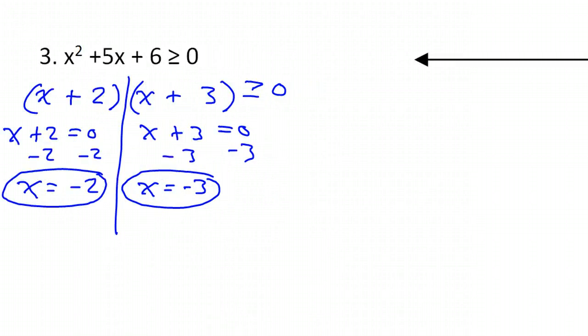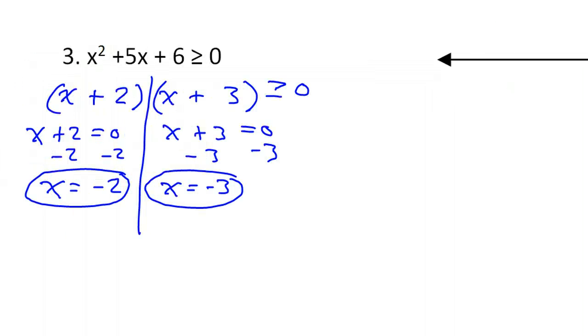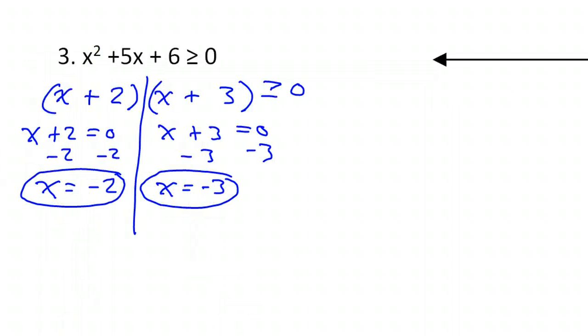So let's record those zeros on the number line. I always like to include 0 on my number line no matter what, so I'm going to put 0 over here. Because we've got -2 and -3 coming, -2 is right about here, and -3 would be over here somewhere.